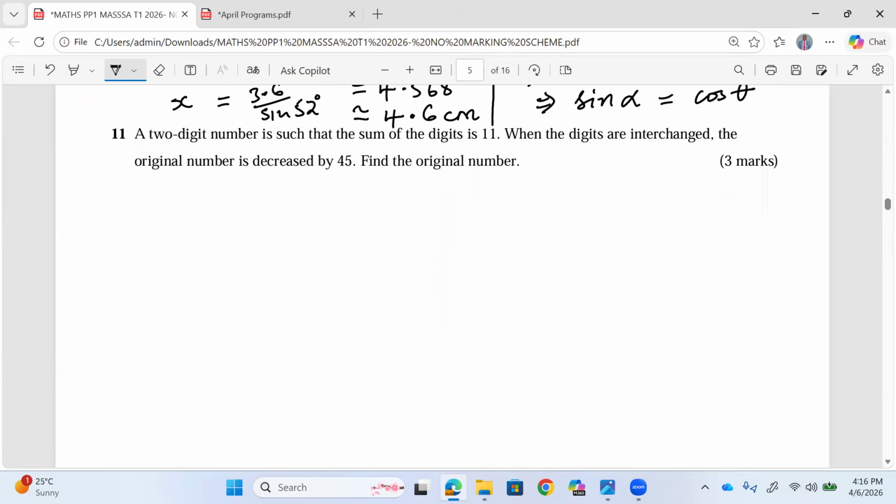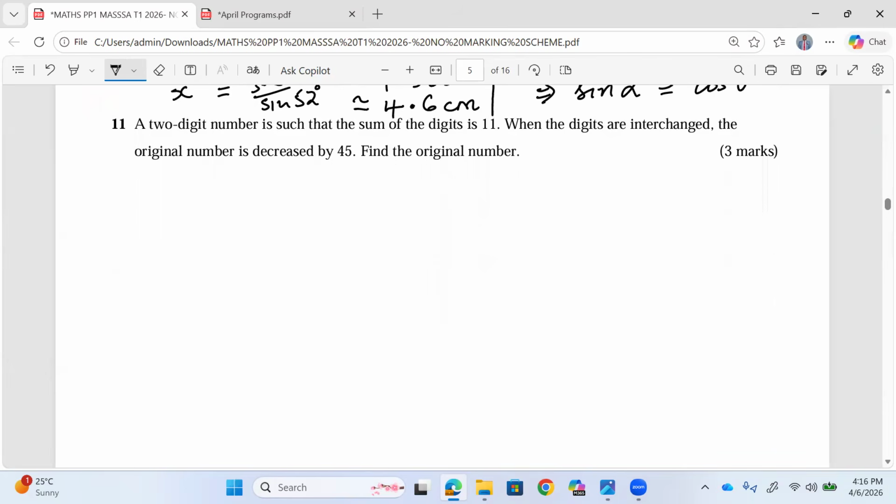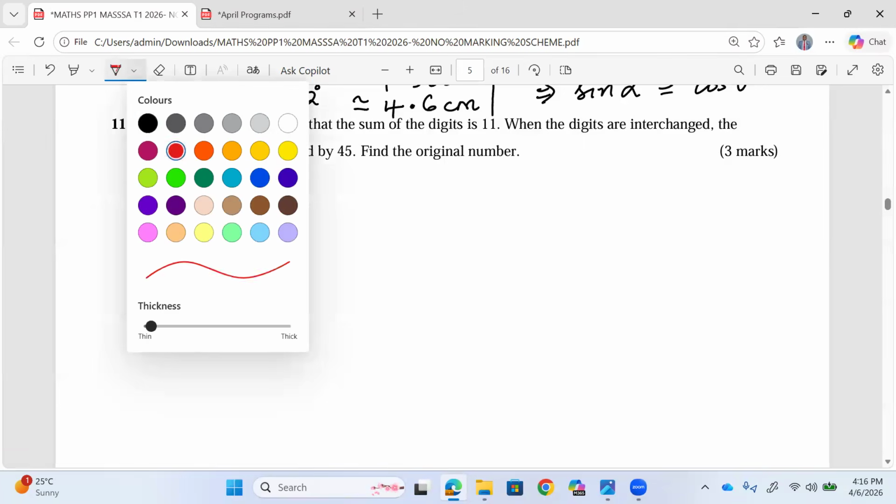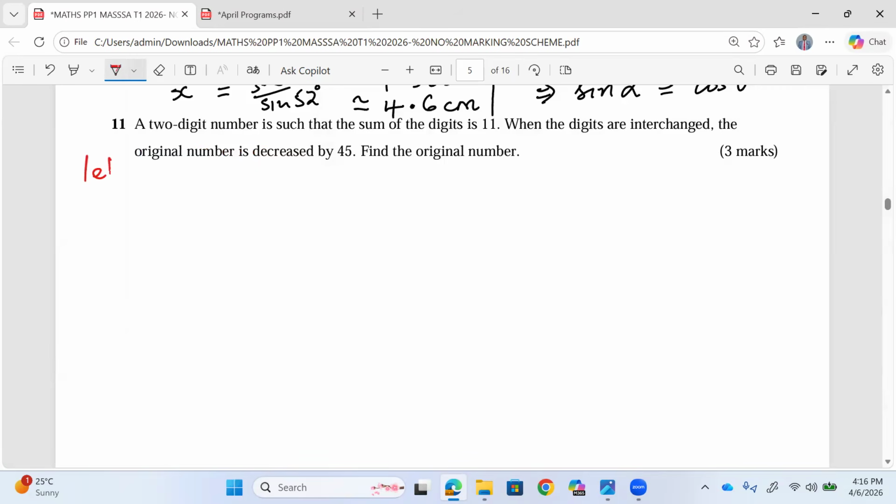We can let the two-digit number be xy. From the first statement, the sum of the digits is 11. So when we pick x and add the next digit, which is y, we are supposed to get 11. This is the first equation.